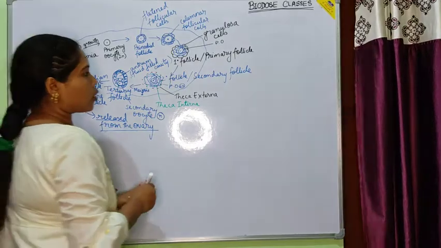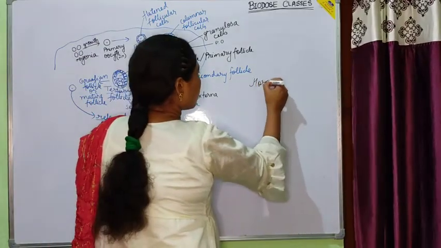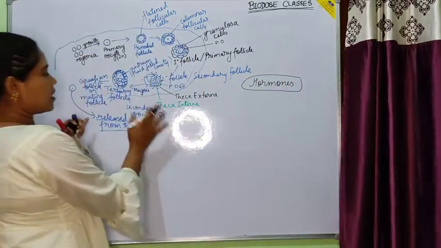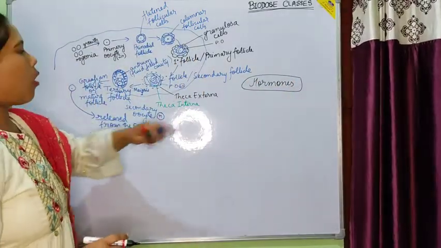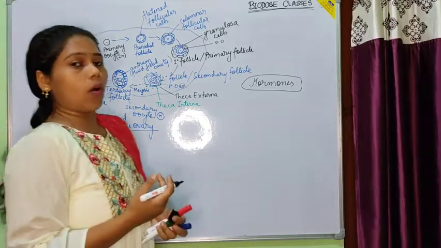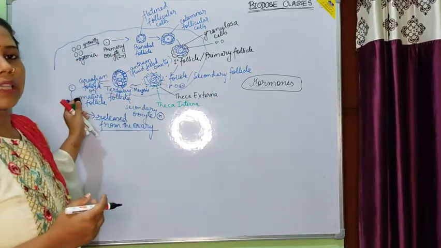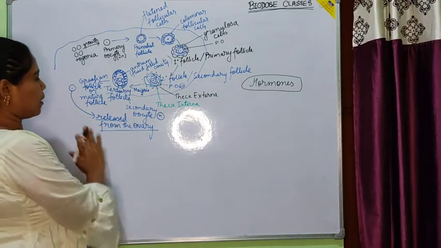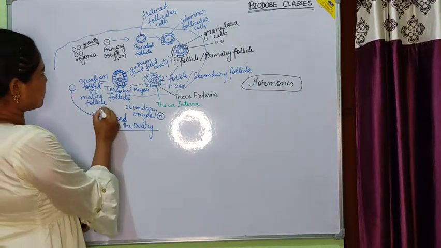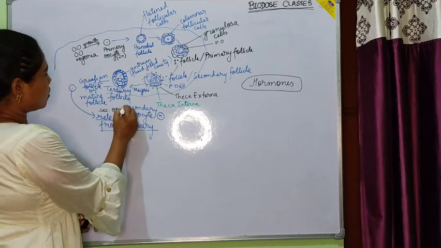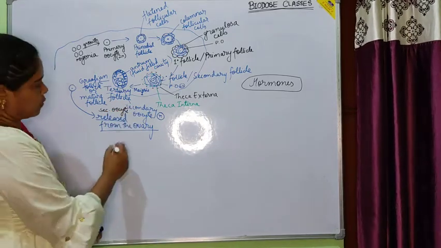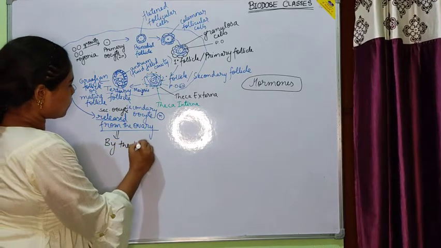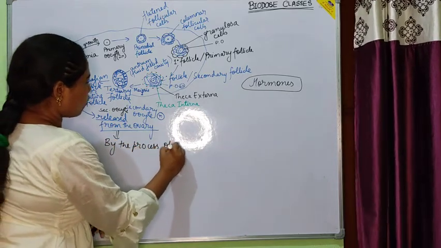So here we would take a quick review of hormones. Now, we would link this with the ovarian hormones that are responsible for the process of oogenesis. So what we have seen, this secondary oocyte is released, and the release process is known as ovulation.